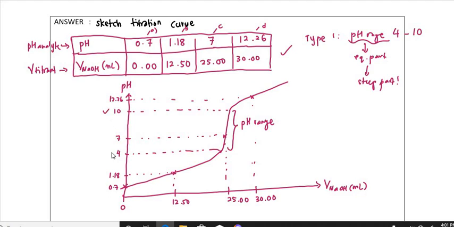You must include the pH range. Okay, all the other points are compulsory too. But the steep part must be shown for 4 to 10. Check again type 1 or type 2 or type 3. Okay, alright, that's all.